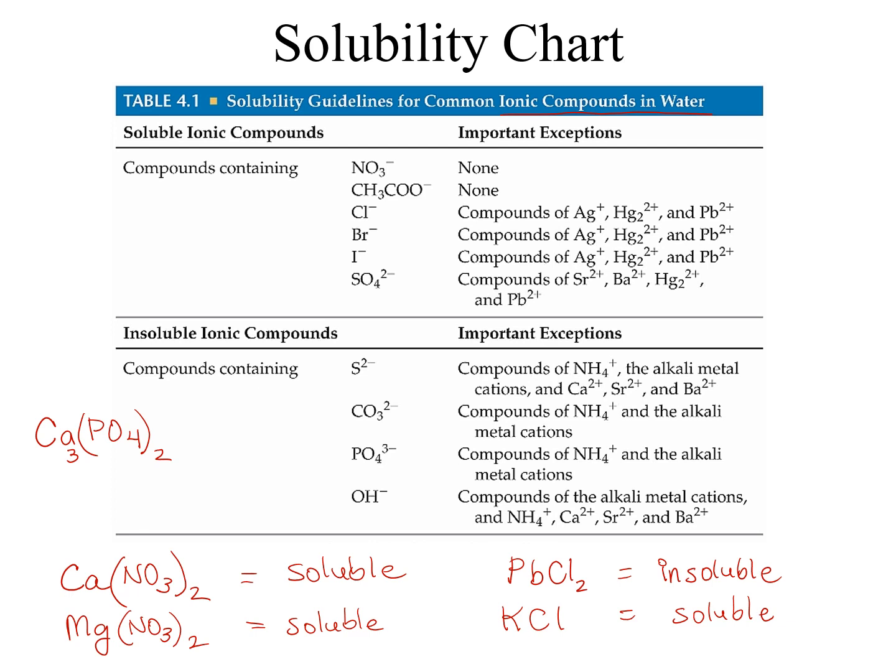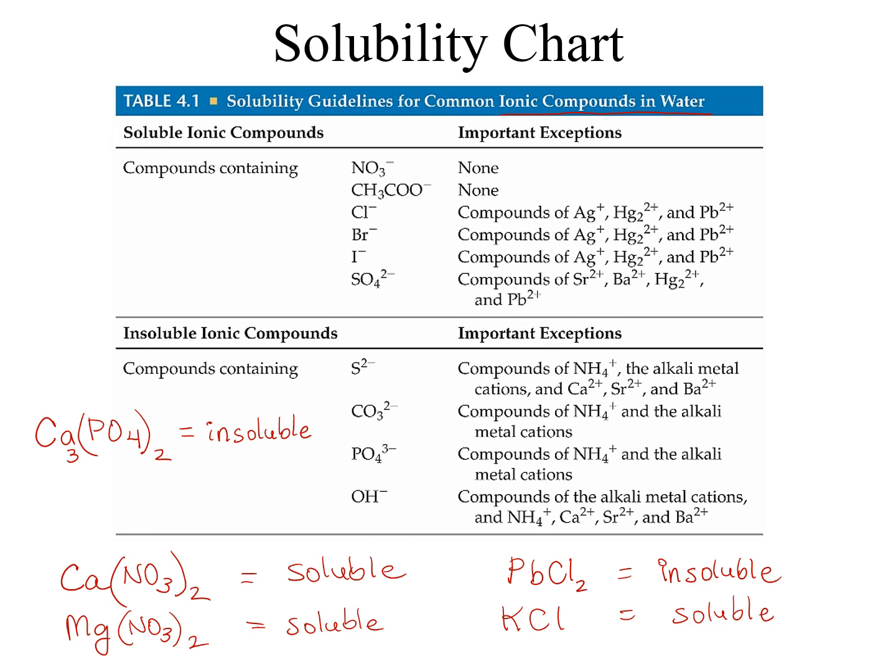So calcium is not in the exception. It's just a normal phosphate. So phosphates are insoluble. So calcium phosphate will be insoluble. So I hope you can make use of the solubility chart to predict which ionic compounds dissolve in water and which don't.